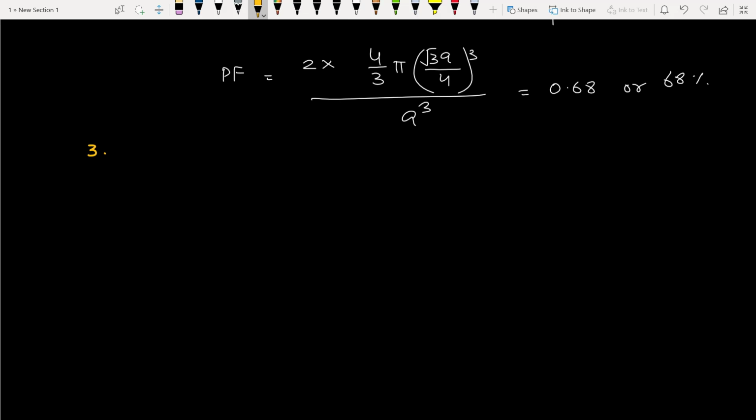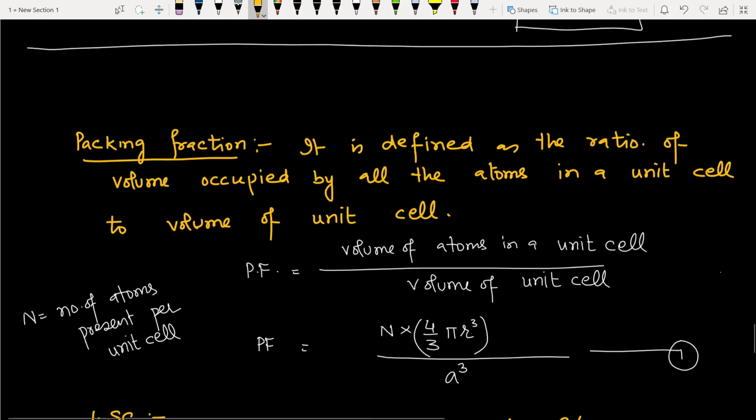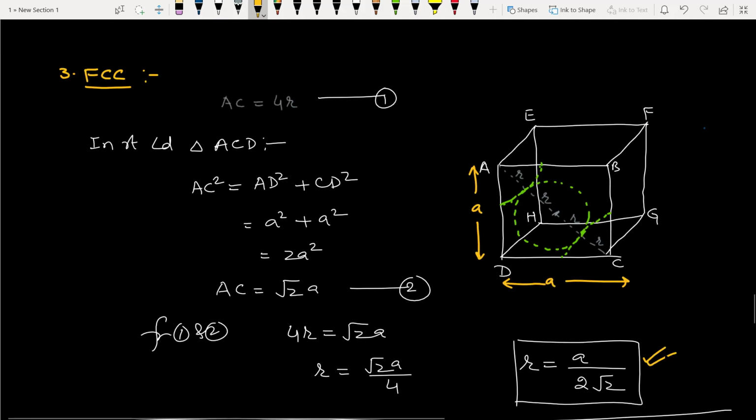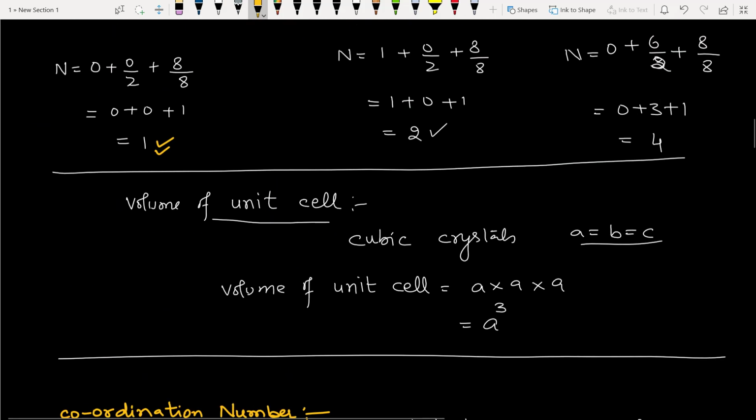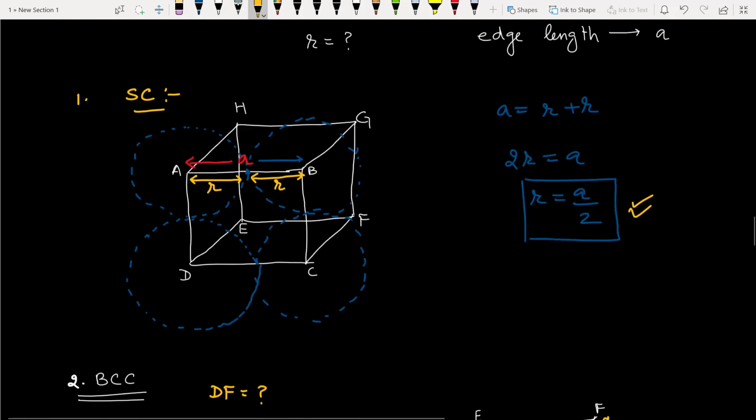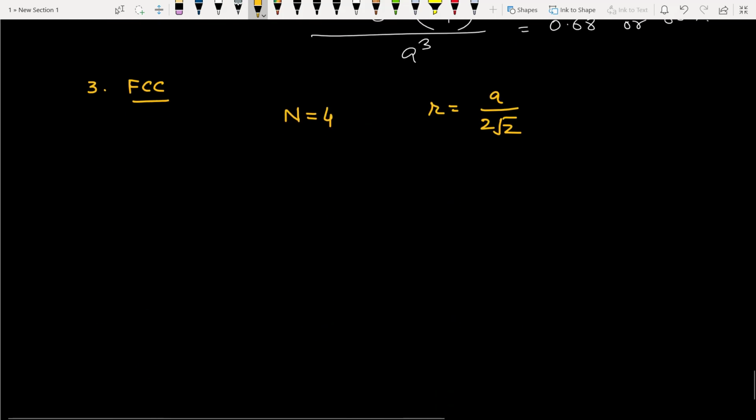The last arrangement is the FCC arrangement, where N is equal to 4 and R is equal to a by 2 root 2. A few of these values have been calculated in the previous lecture. You can see it there, or you might have noted them in your notebook.